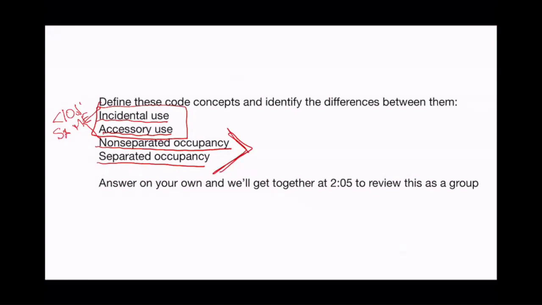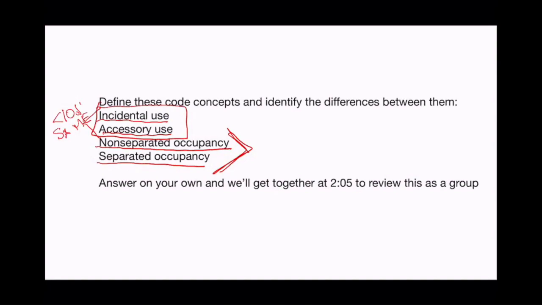The designer or the owner get to choose. You have to choose one of these four if you have any kind of mixed-use situation, or if you have two different types of spaces.